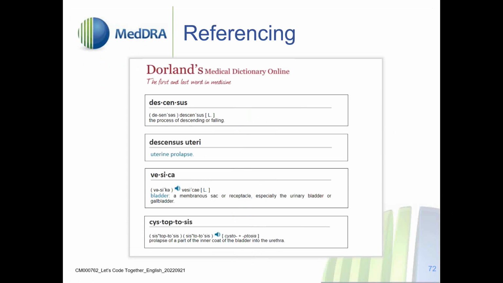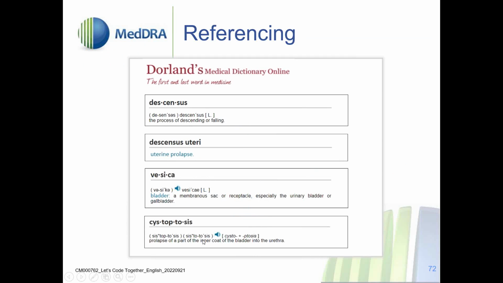So let us look into Dorland's again and check what Descensus means. So the process of descending or falling is explained. And there is a term for Descensus uteri, and we see a synonym here because it can also be named uterine prolapse. So Descensus seems to be a synonym for prolapse. Vesicae, the translation is the bladder. And it could relate to the urinary bladder or the gallbladder.